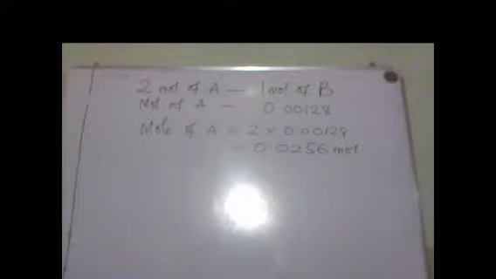Now, having known the number of mole of A, how will this help us to calculate the concentration of A in mole per dm cube? Let us look at it.